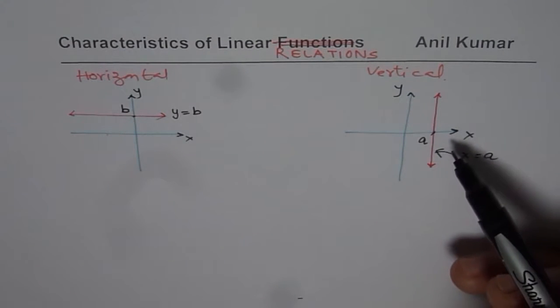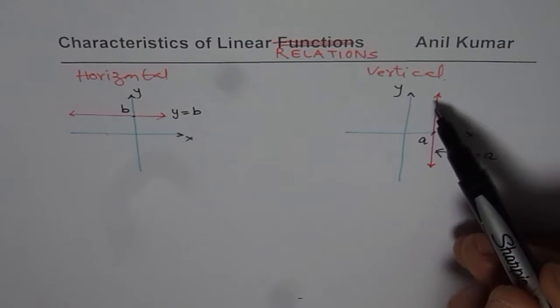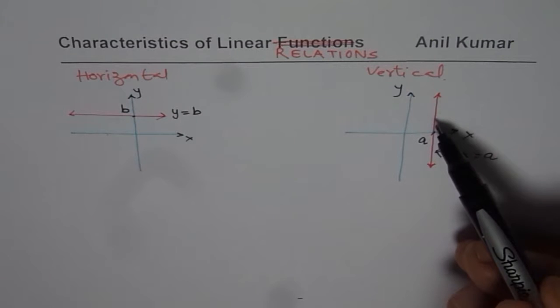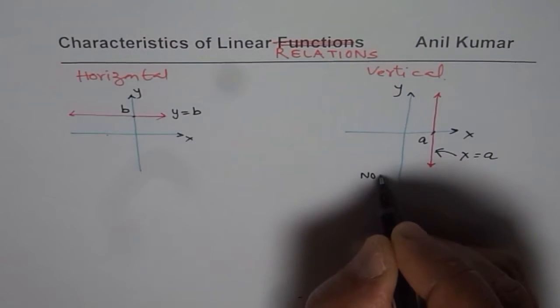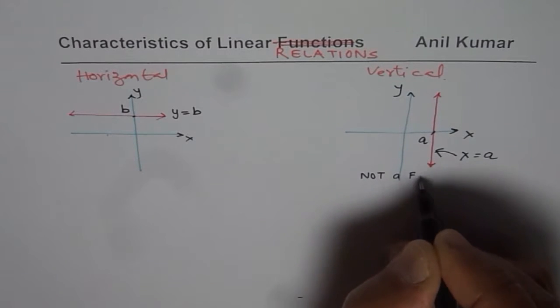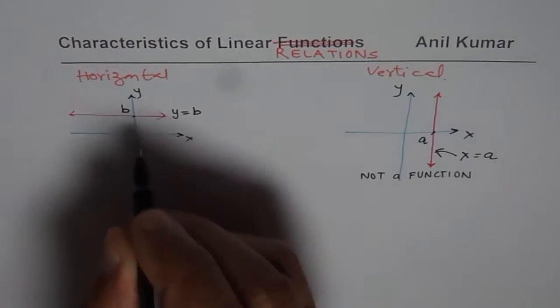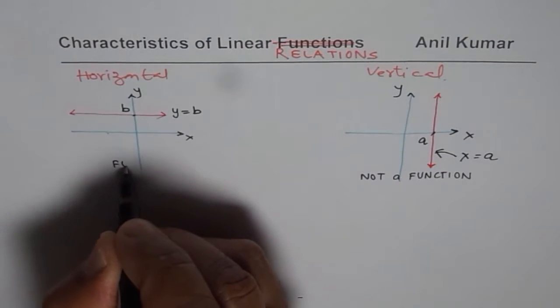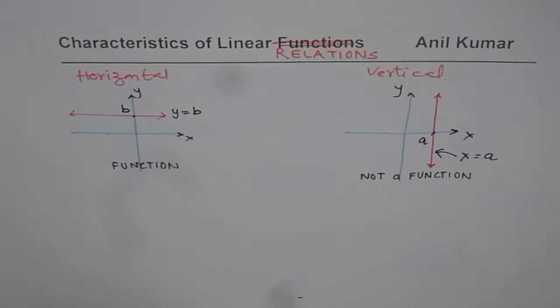Now here, for one particular value a, we have so many values of y, and therefore this is not a function. So this relation is not a function. However, this relation is a function. And I hope now you understand why.